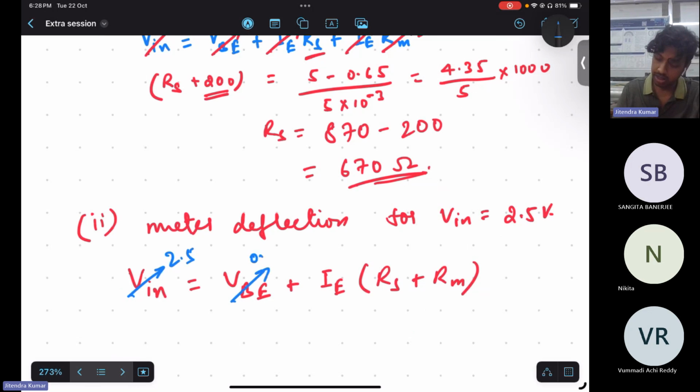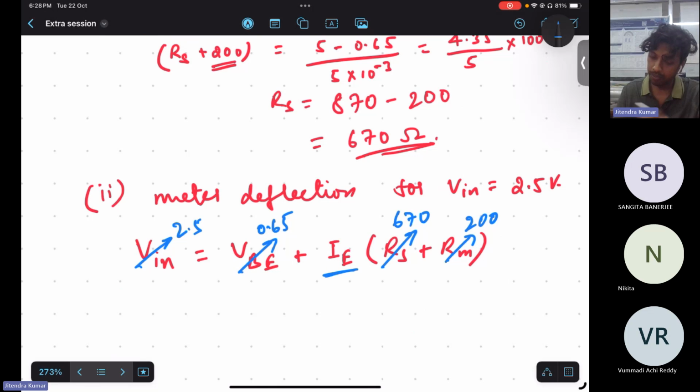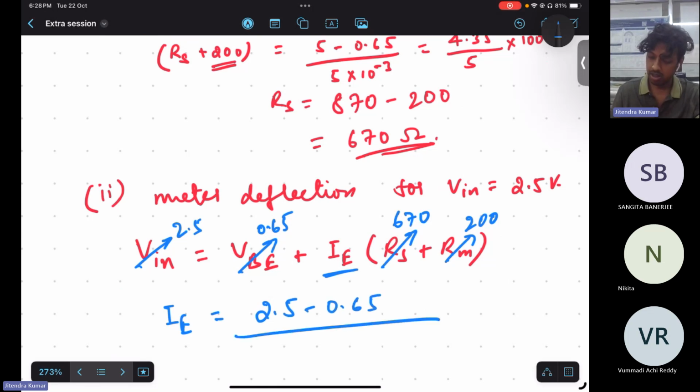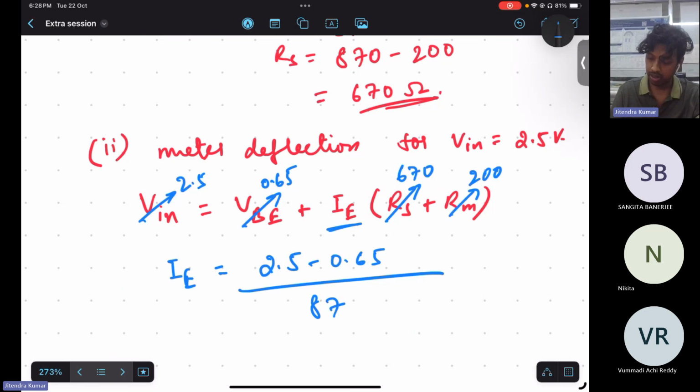Okay, VBE is still same 0.65. IE we don't know. RS we just calculated 670 and RM is 200. Can we calculate IE now? Right? So IE will be 2.5 minus 0.65 divided by 870.